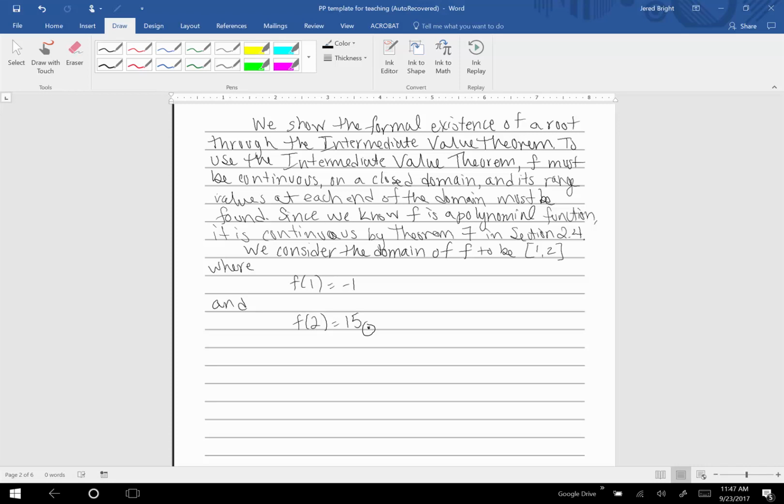Okay, so to use the IVT, I have to show: continuous, closed domain, and the range values are found. Okay, so now I can say that, and actually I would probably reword this eventually, but we'll get to that point in a minute.